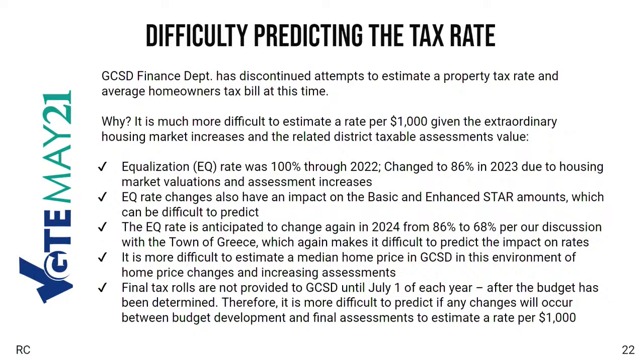We had said that the tax rate had gone down and that a typical homeowner bill would go down a small amount of money. We had no clue that changing from 100% equalization to 86 would impact the basic STAR amount that everybody got on their tax bill or in their refund check. And it did. Even though our rate went down, most tax bills went up slightly.